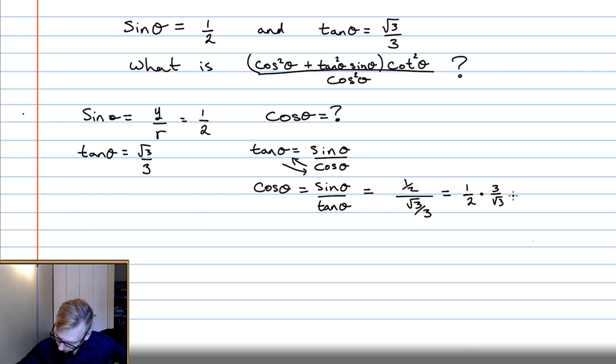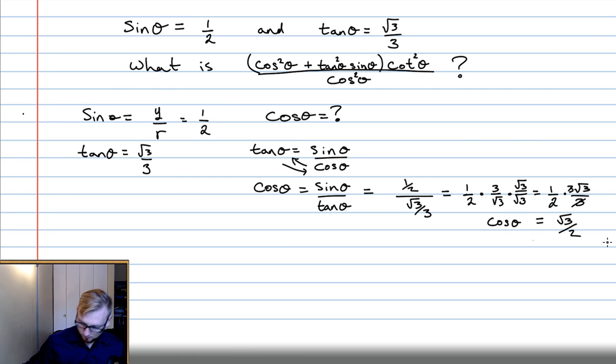And we can simplify this further, and we'll multiply by the conjugate. So we'll get a 3 on the bottom. We'll get a 1/2 times 3 root 3 over 3 will cancel out, so we've got cos theta is root 3 over 2.